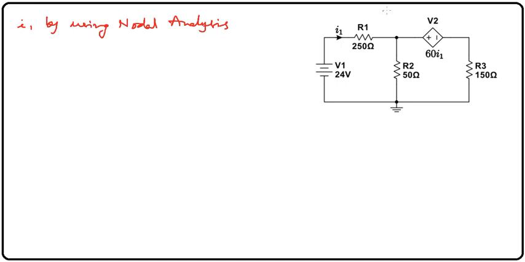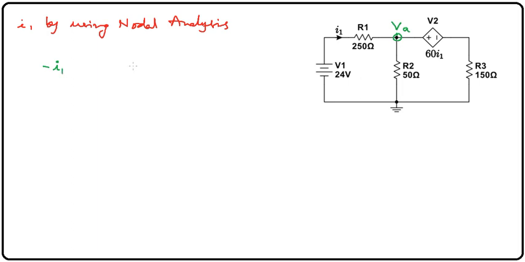So let me start. Actually, here only one node is there, so let me make it VA. Okay, VA, and now I need to solve. So the currents are, one current is entering, anyhow let me take it as minus only.